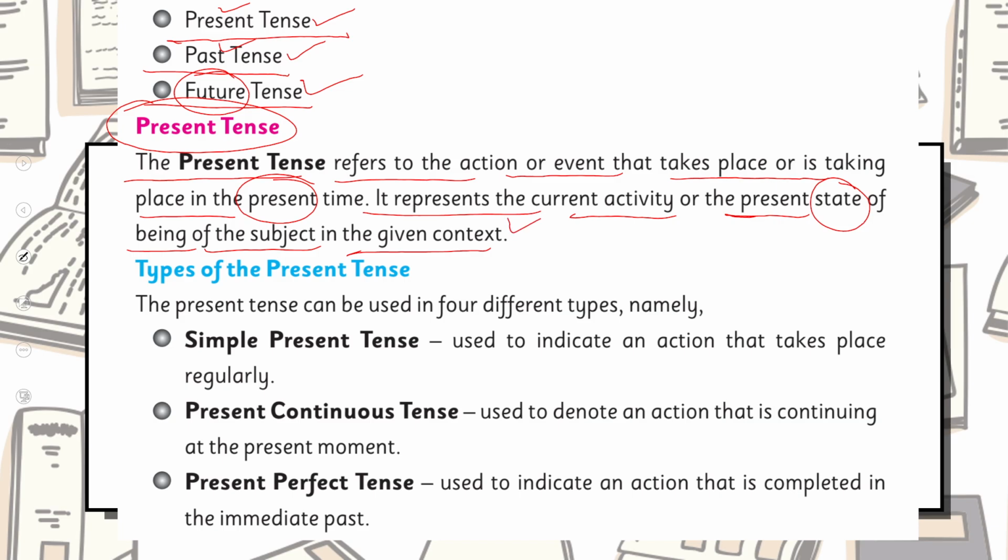So context, the surrounding, the whole understanding is also very important. The present time can be the current state of being or what is taking place. We can see that these are also classified into different types. Let's see the types of the present tense. Yes, how many of them can you recall?